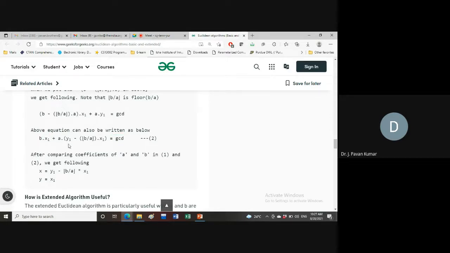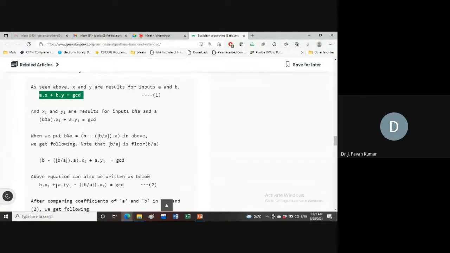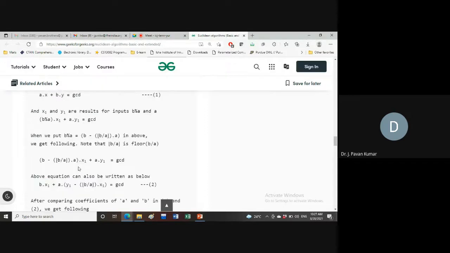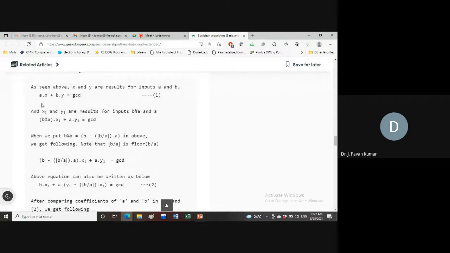Now if you compare these two: ax plus by is equal to GCD, this we know already, and that has become like this, ax plus by is equal to GCD. Understand? If you try to equate these two, what is the x value? What is the multiple of a in this equation?